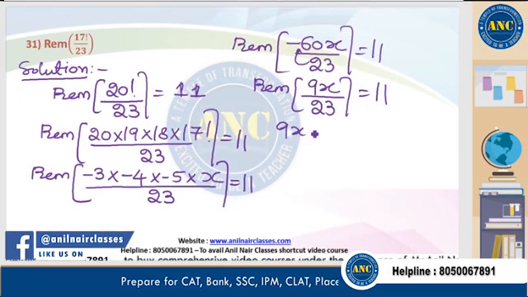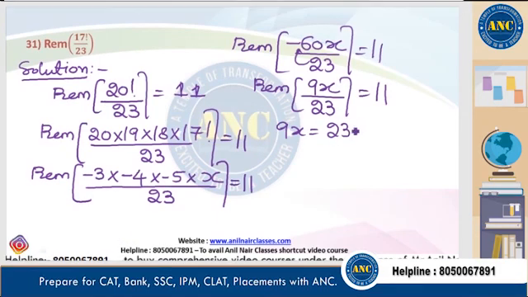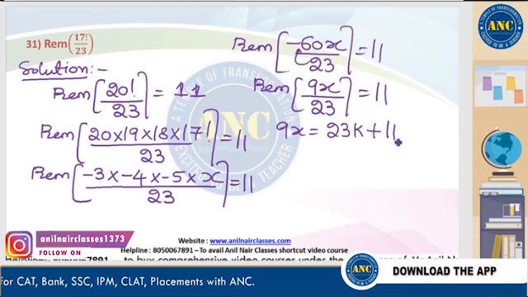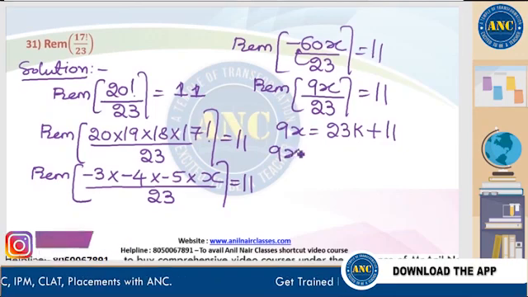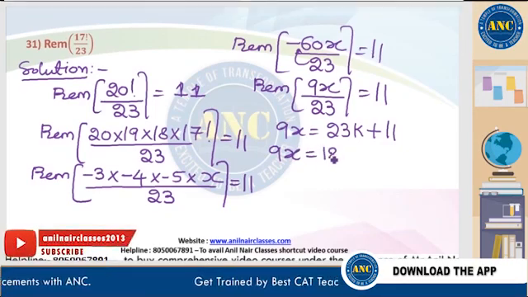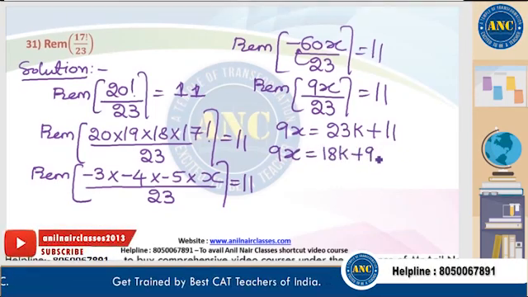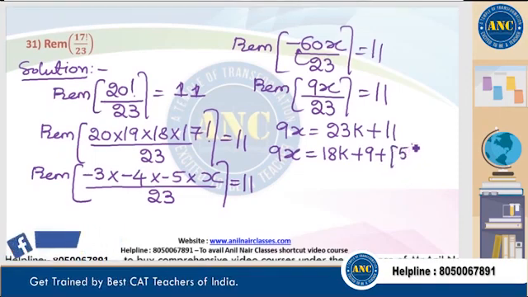Dividend equals divisor into quotient plus remainder, 23k plus 11, so 9x is 18k plus 9 plus 5k plus 2.